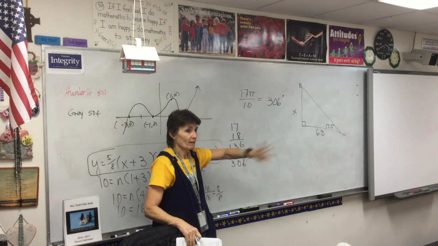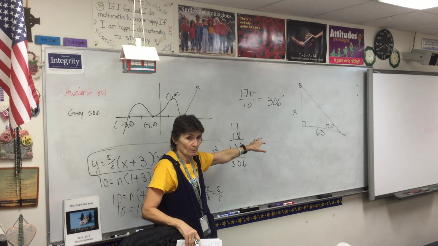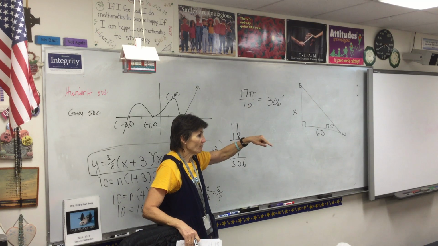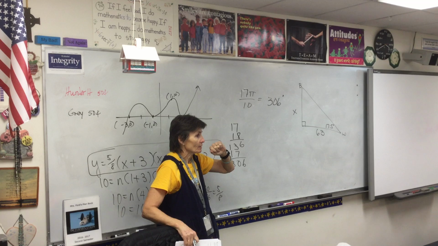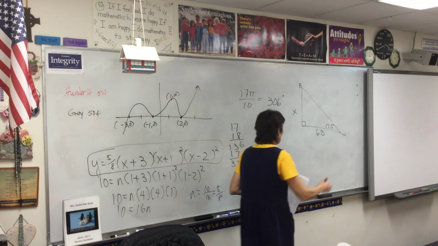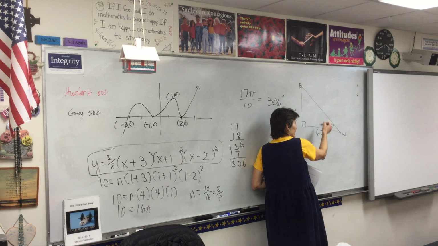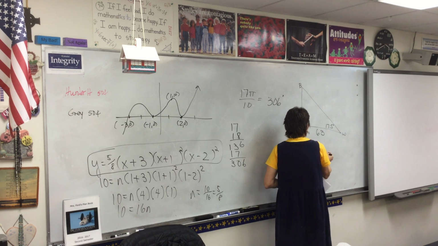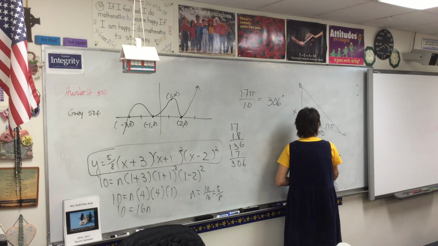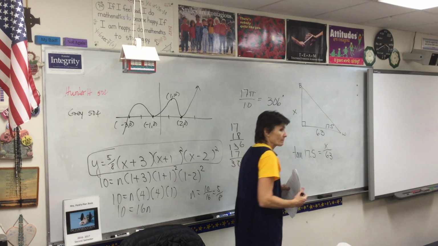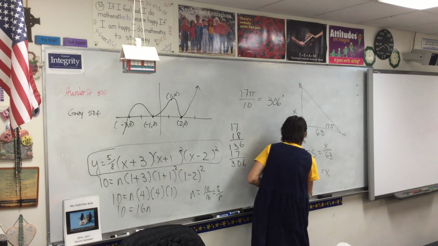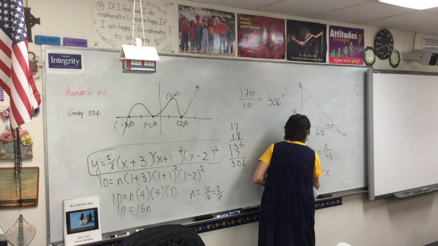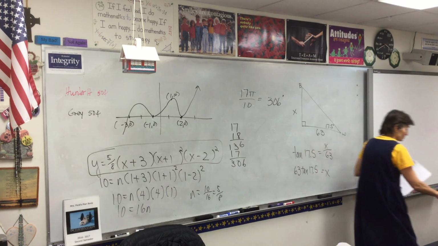So is everybody comfortable with the way I've labeled those numbers? So then you pick a function. Sine, cosine, or tangent. Tangent. Because this is opposite and adjacent. So tan 17 and a half equals opposite over adjacent. So x equals 63 tan 17 and a half.